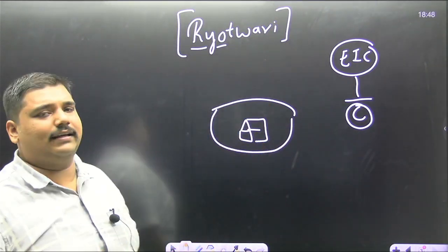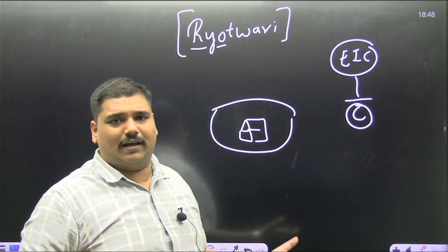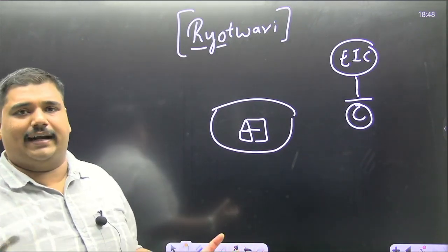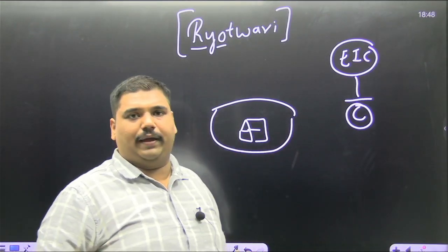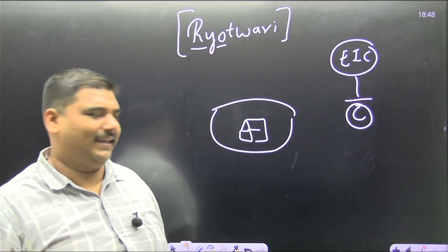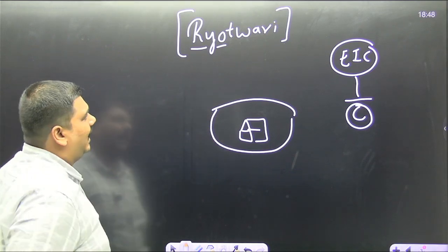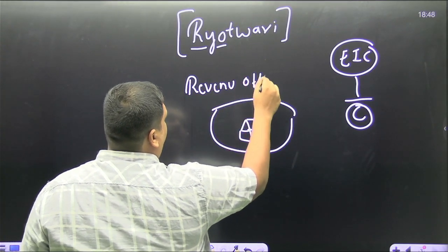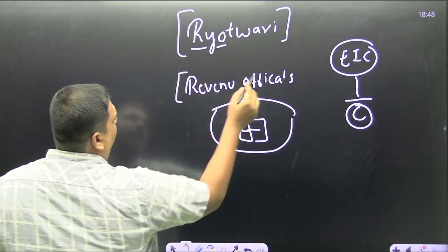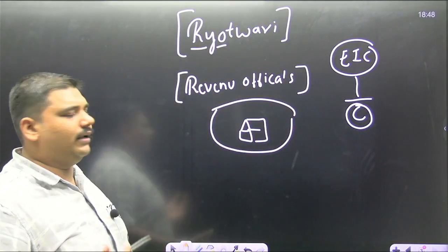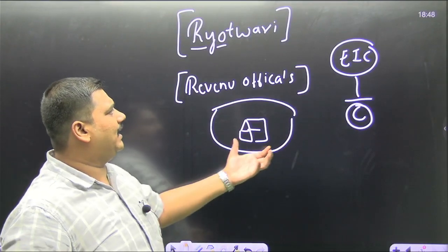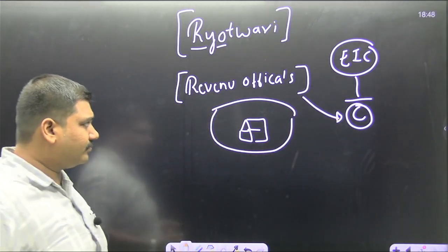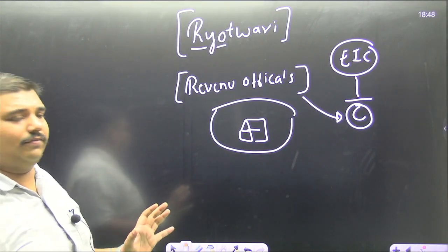Here the land belonged to the cultivator himself, and the cultivator had to pay the taxes in the form of cash. For the collection of this tax, they appointed revenue officials. These officials would go around the villages every year and collect taxes individually from each cultivator. This is the idea of the Rayotwari system.